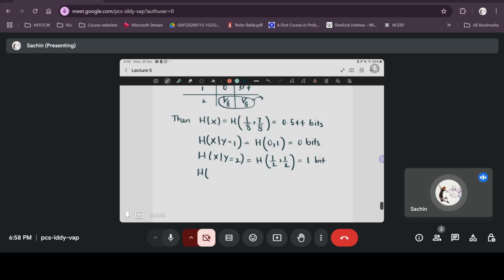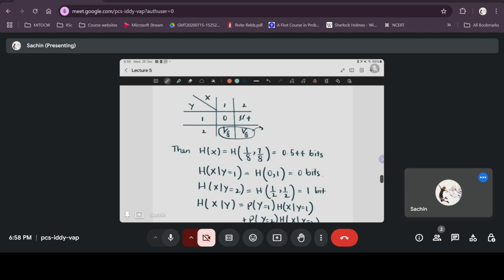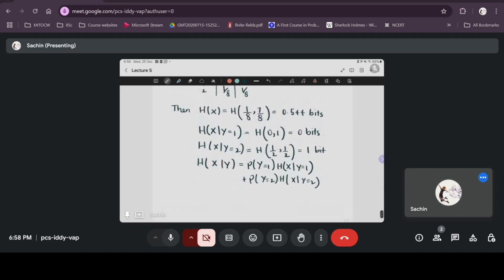Then if you find h of x given y on average, it's probability that y equals 1 times h of x given y equals 1, plus probability that y equals 2 times h of x given y equals 2. Probability that y is equal to 1 is the sum of these two, which is 3 over 4.